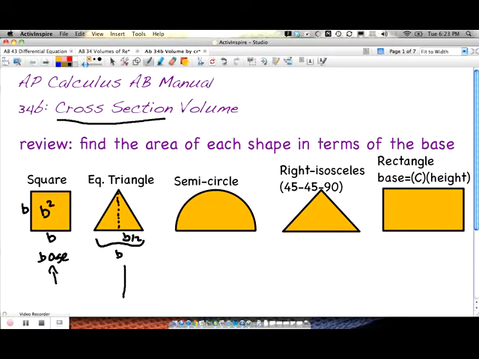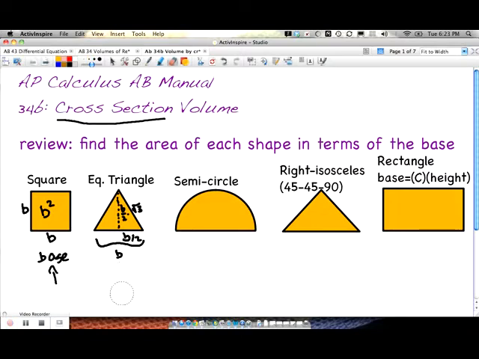And thinking of this as like a 30, 60, 90 triangle, in which the relationships tend to be x, x root 3, and 2x, that height there is root 3 times whatever this short side's going to be. So this is going to be b over 2 times root 3 for this height.